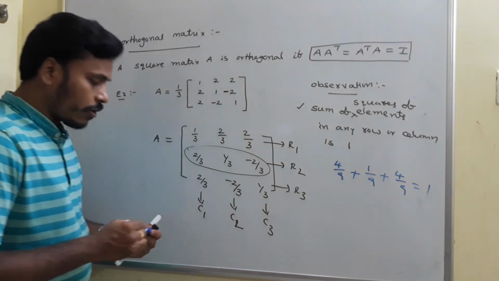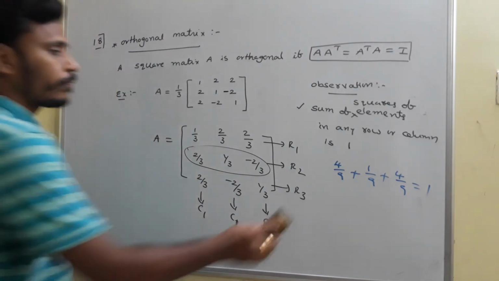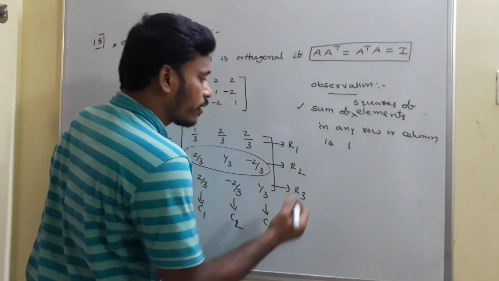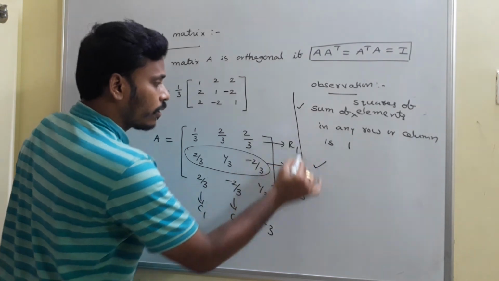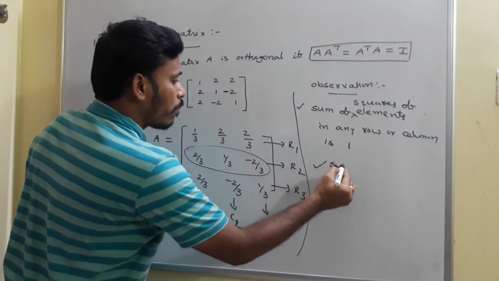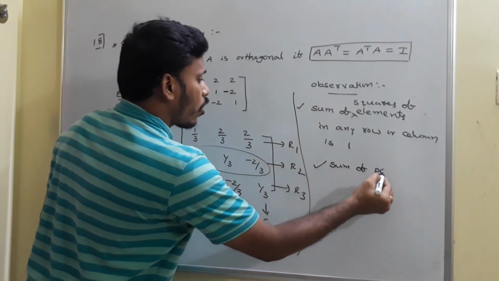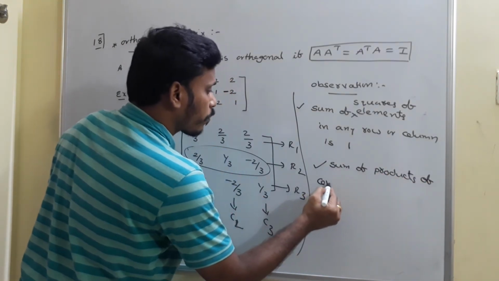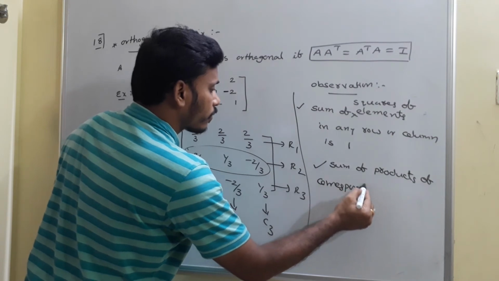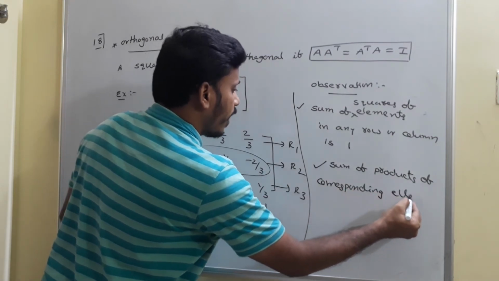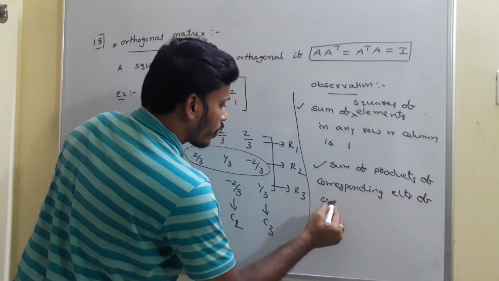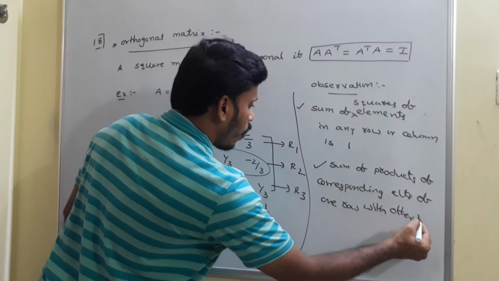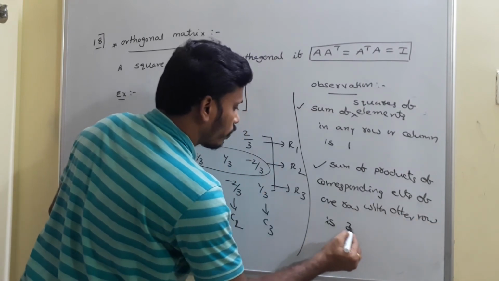So the next observation is that the sum of products of corresponding elements of one row with another row is 0.